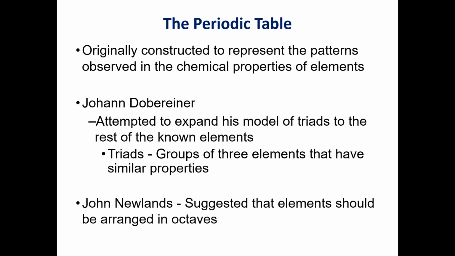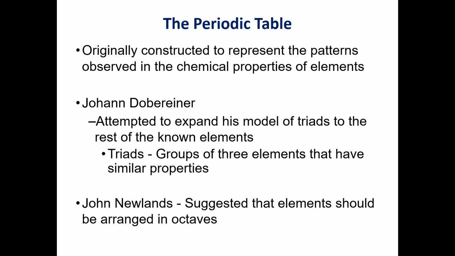Going back a little bit in history, Dobereiner attempted to group the elements to show elements that have similar properties, but he grouped his model in triads, which is groups of 3. So we start with groups of 3 elements, but that didn't really work very well. So later on, John Newland suggested that the elements should be grouped in octaves.